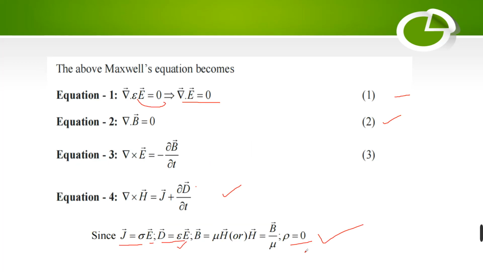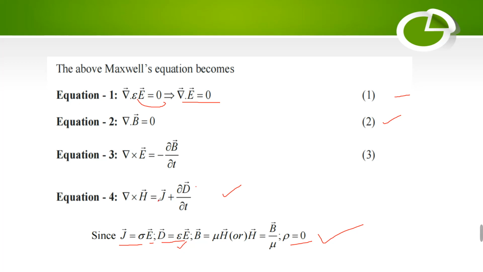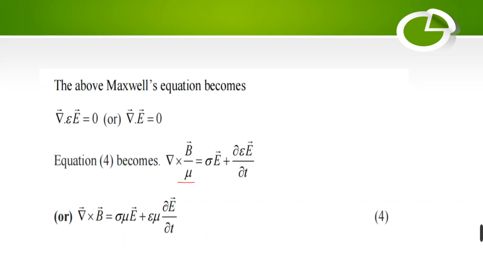What is the H vector value? B by mu. So here del cross B by mu is equal to J vector. What is the value of J vector? J vector is sigma E, plus dou D by dou t.